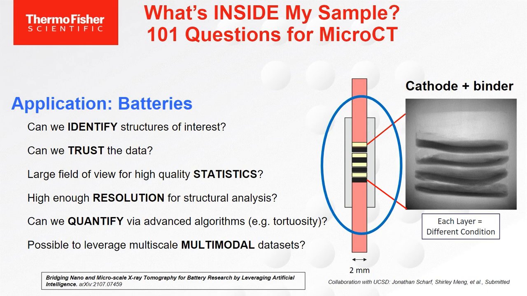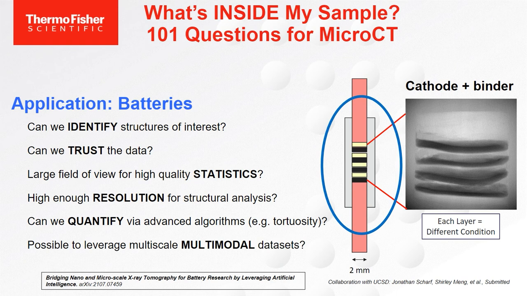Very good. Here's a typical battery example, and this came from our colleagues at University of California, San Diego, Shirley Meng's lab. It's a battery example, but it's also generic, and that is that people that bring samples in to be analyzed and examined with a MicroCT often ask, what can I see inside?